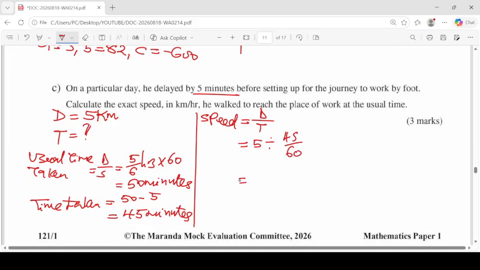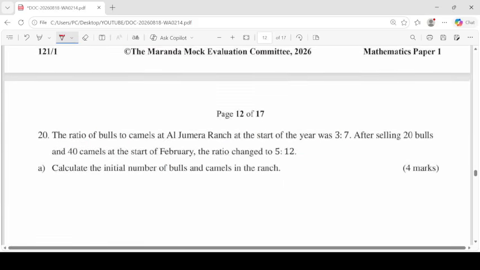Then you can use your calculator to compute that very fast. 5 divided by 45 over 60, you get 6 2 over 3 kilometers per hour. So that will be the new speed. Remember, they want the exact speed. Kindly don't put your answer as a decimal because they want it exact, meaning without any errors.